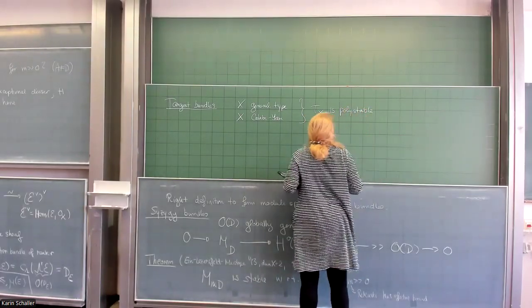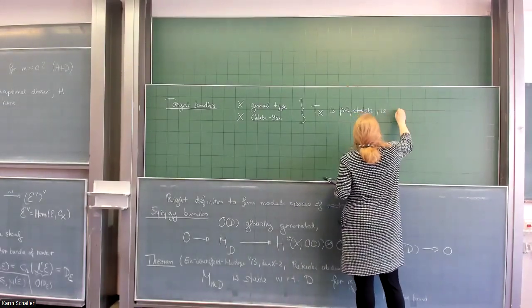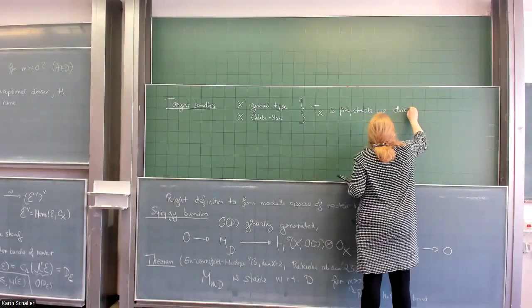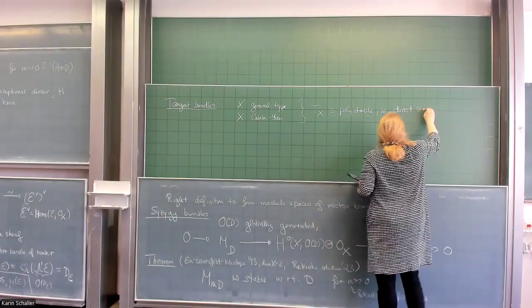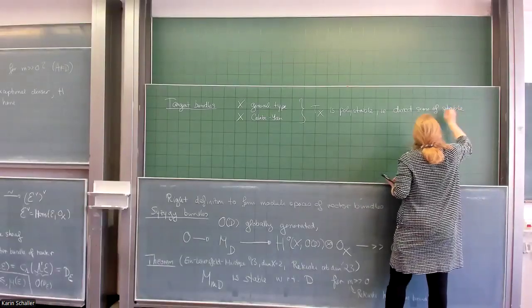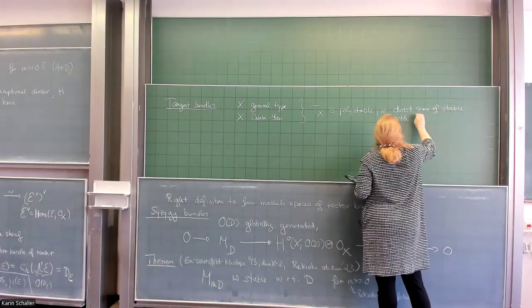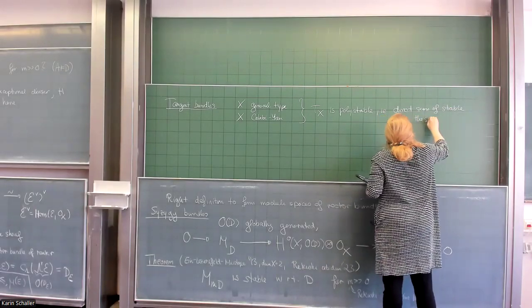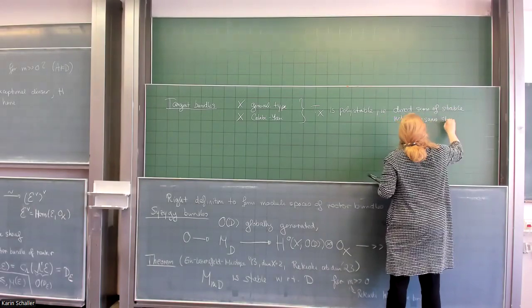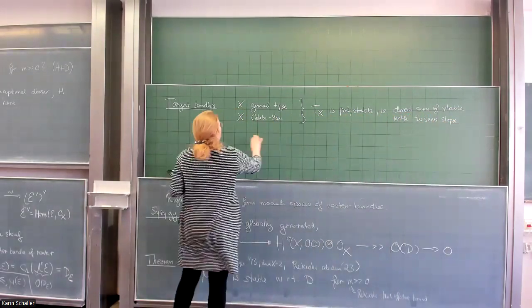I didn't tell you what fully stable means: it means it's a direct sum of stables with the same slope.